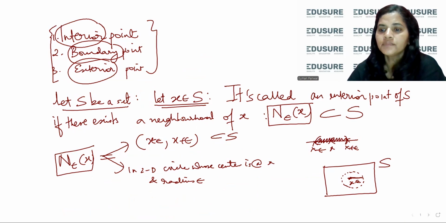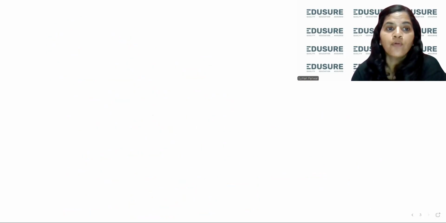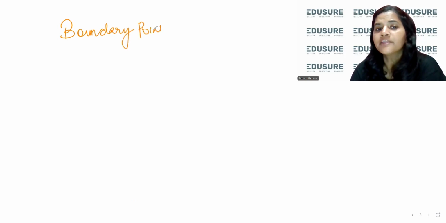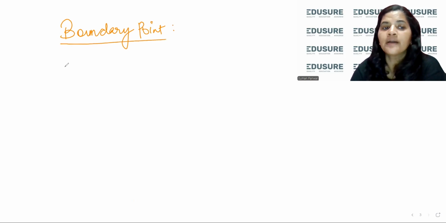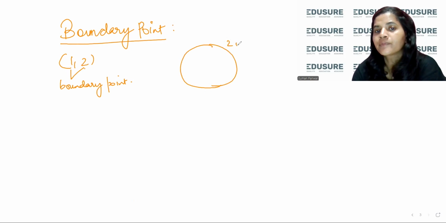All right. Now, the next concept is the concept of boundary point. As the name suggests, it means something on the boundary. So for example, if I have an interval (1, 2), we can say that 1 and 2 are boundary points. We can see that, and we are going to do it mathematically now. And suppose I have a circle in 2D. Every point on the circle should become a boundary point.